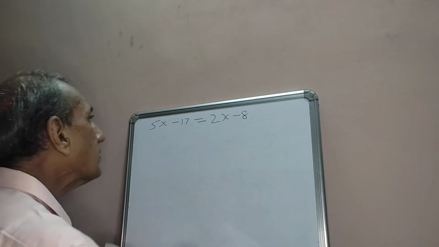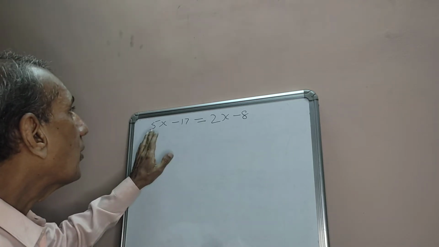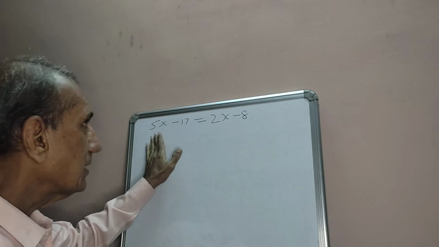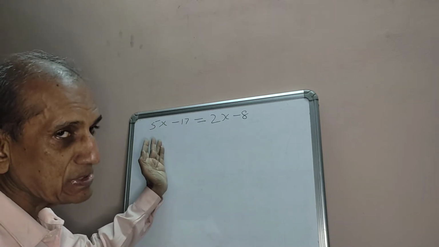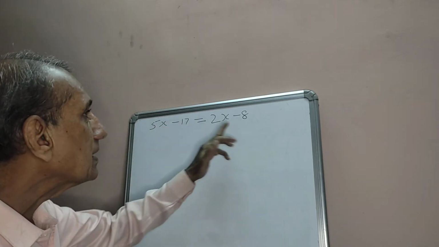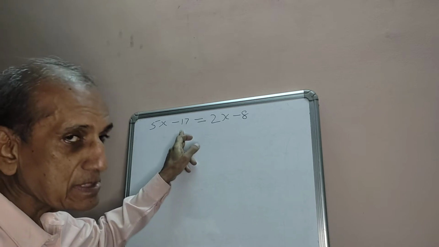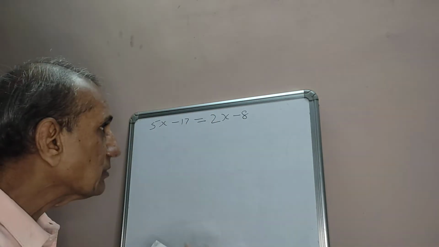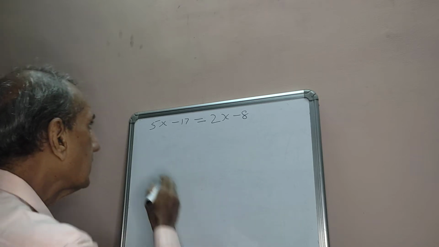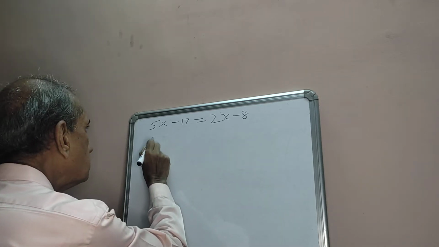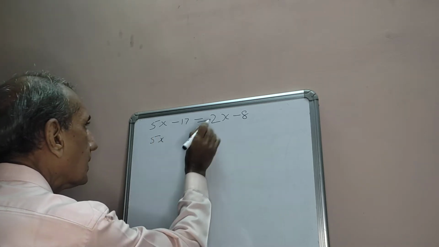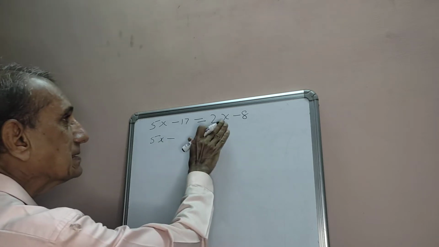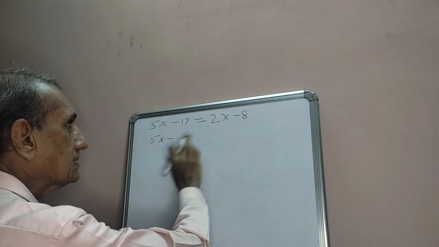Okay, so what we do is, to begin with, all the terms containing x, we bring to one side of the equation, and all the terms that do not contain x, the constants, we take to the other side of the equation. That is called transposing. When I transpose 2x to this side, the sign changes.